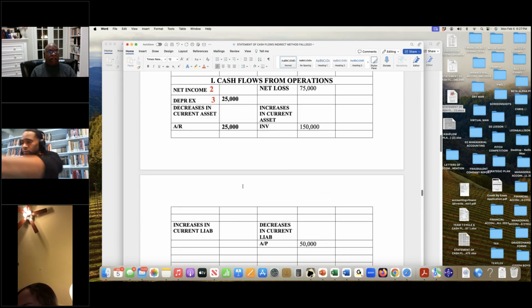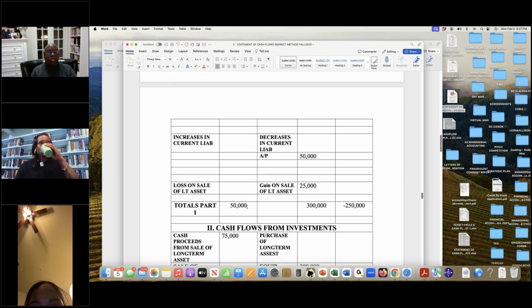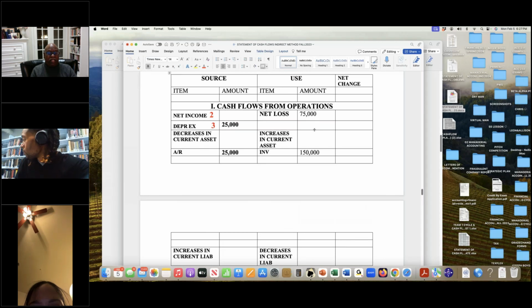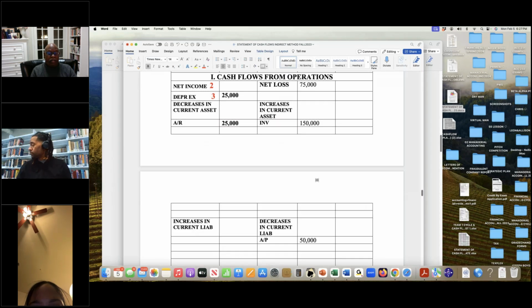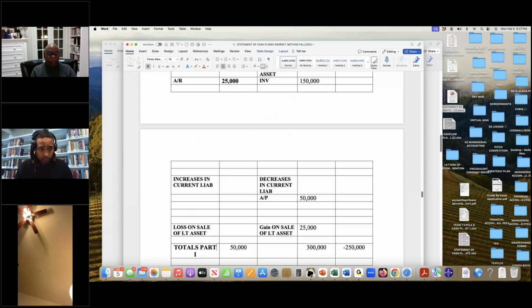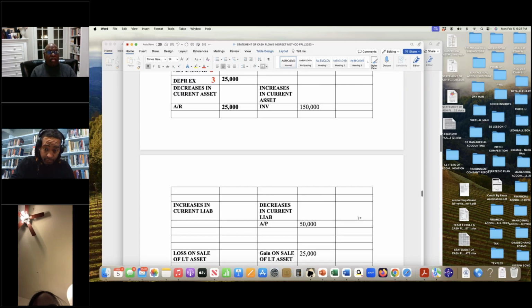We add the 25 and the 25, we got 50 in sources. We add 75, the 150, the 50, and the 25,000, and that gives us 300,000 in uses. We take the difference, that's 250.